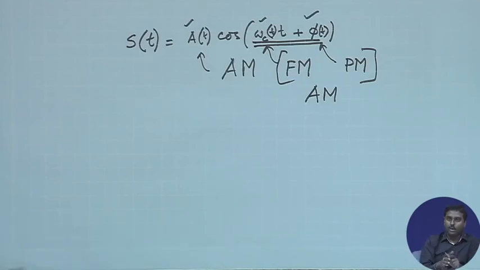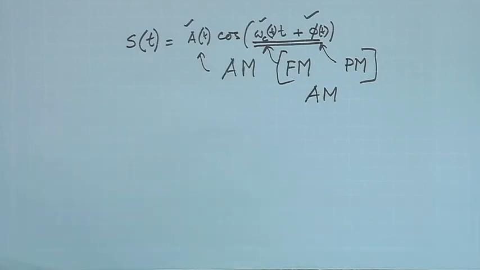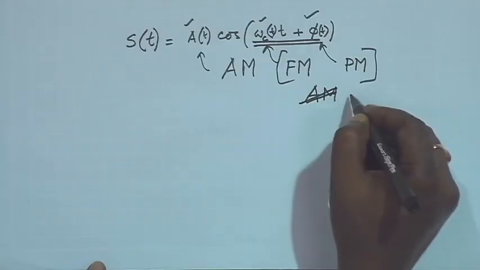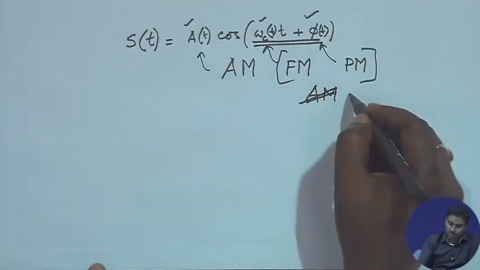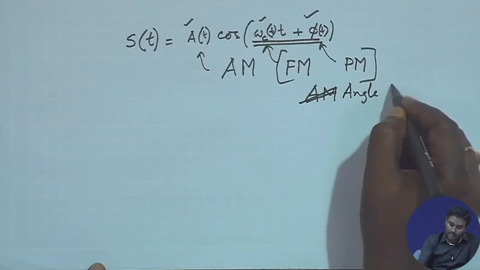It has a frequency part, it has a phase part. So overall, with the t in it, we can talk about the overall time varying phase or the angle. That is why it is called angle modulation. I should not write AM, as it will be confused with amplitude modulation. So it is actually angle modulation.